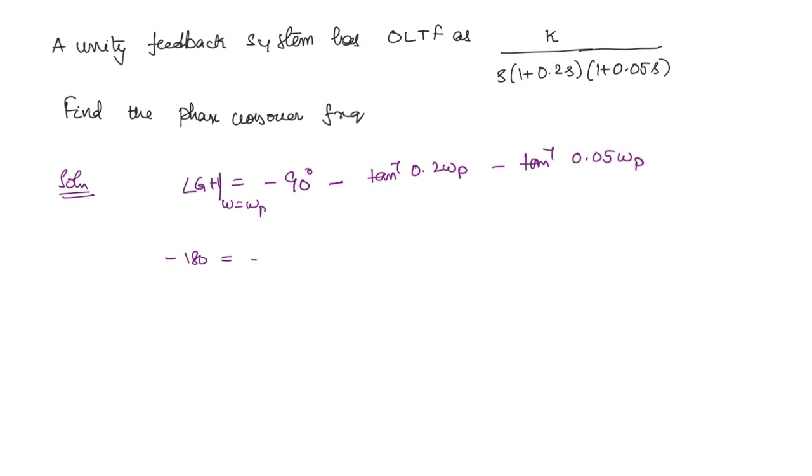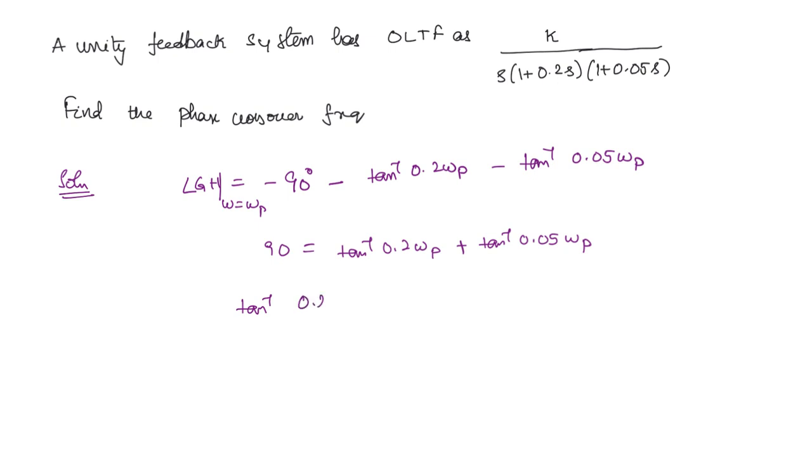Okay. So minus 180 is equal to minus 90 minus tan inverse 0.2 omega p minus tan inverse 0.05 omega p. All of this will become positive and move to the other side, making this 90 degrees. So tan inverse a plus tan inverse b, how can you write it?